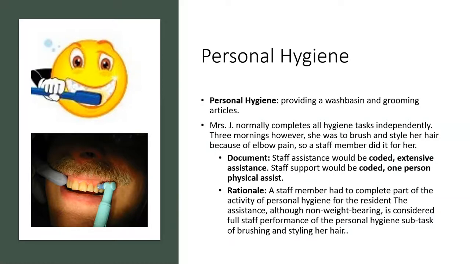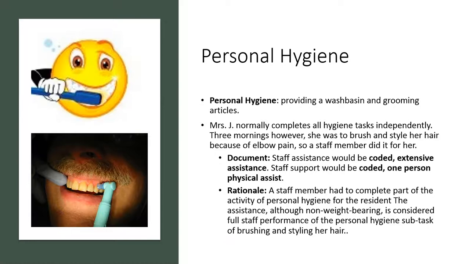Personal hygiene. The photo diagrams here show a smiling individual brushing their own teeth, and on the bottom, an individual who needed total assistance from a staff member to brush their teeth. It's an expectation of staff to brush resident teeth in the morning and in the evening.